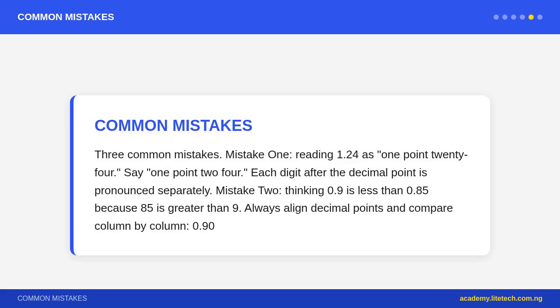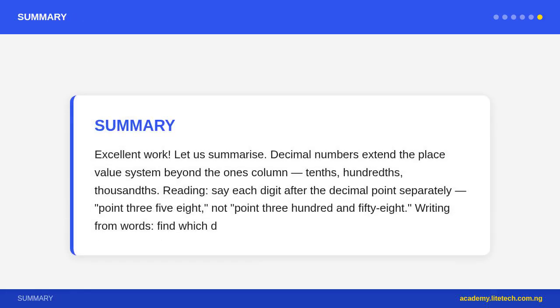3 common mistakes. Mistake 1, reading 1.24 as one point twenty-four. Say one point two four. Each digit after the decimal point is pronounced separately. Mistake 2, thinking 0.9 is less than 0.85 because 85 is greater than 9. Always align decimal points and compare column by column: 0.90 versus 0.85, 9/10 is greater than 8/10, so 0.9 is larger.